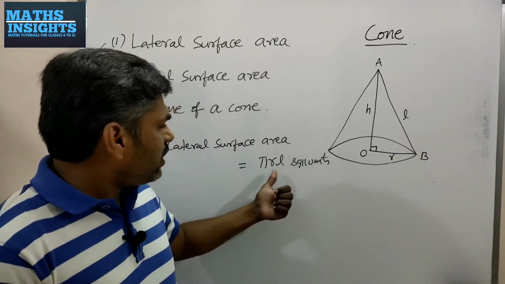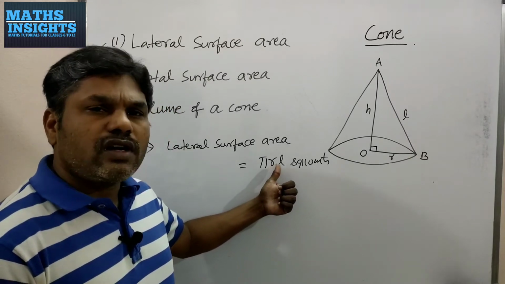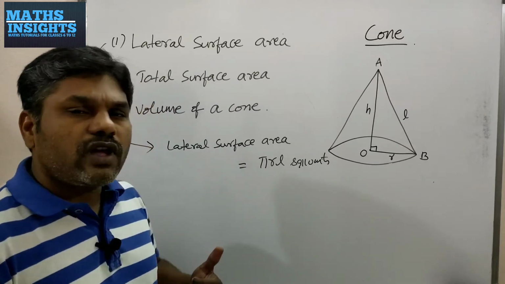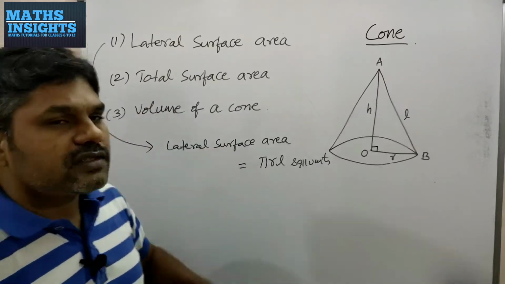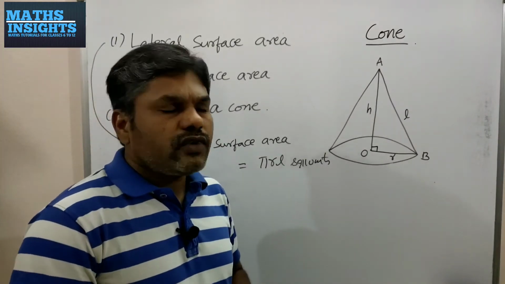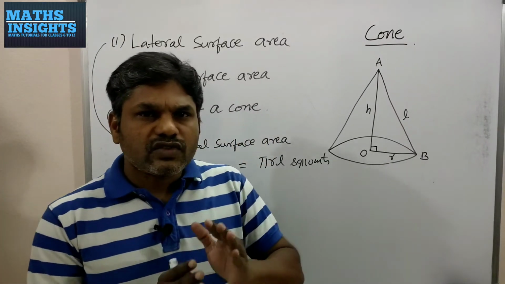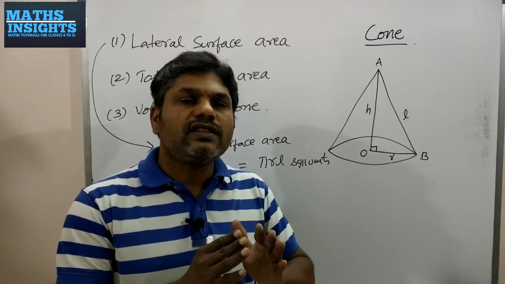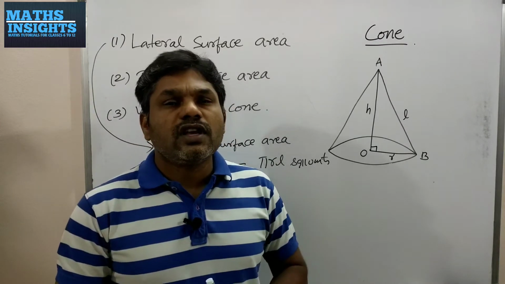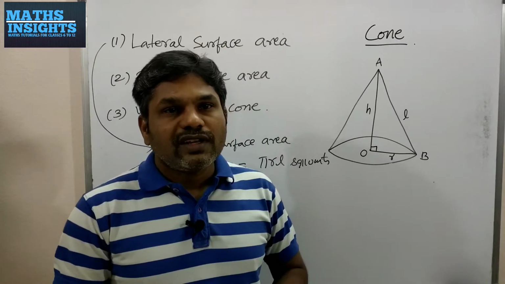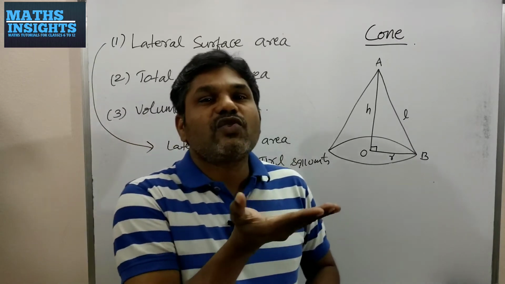Okay, but if they have given the values of r and l, if you substitute those values here, you will get one value, that is called lateral surface area. And if you see the total surface area, there is some difference. If you are saying total surface area, it means you are including something in the area of the cone, that is the area of the circular base.